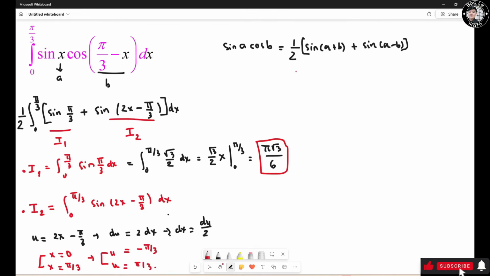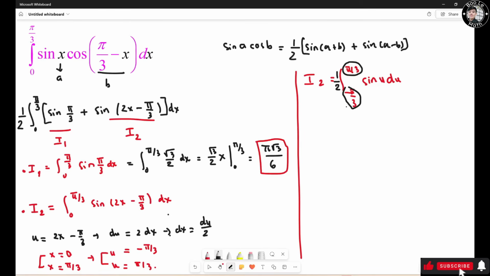So I2 becomes the integral from negative pi over 3 to pi over 3 of sine of u du, and don't forget to divide by 2, so it's 1/2 right here. Now whenever you see opposite lower and upper limits, think about symmetry.